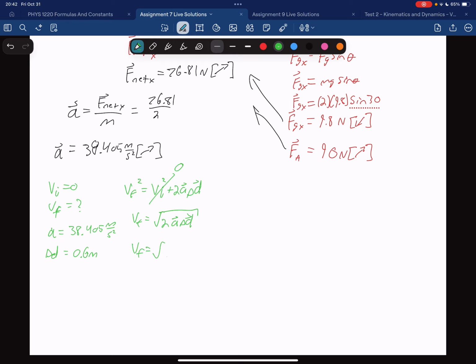So VF equals the square root of 2 times 38.405 times 0.6. Final velocity is 6.79 meters per second.